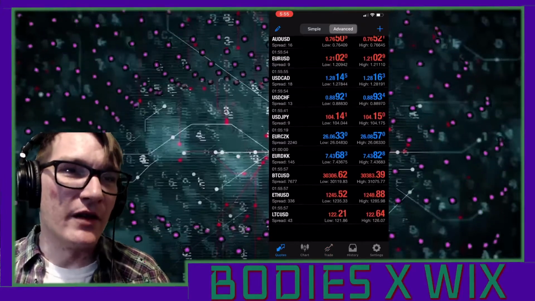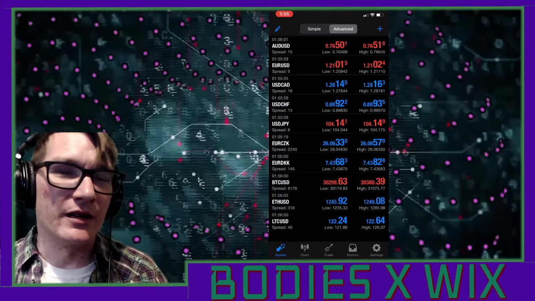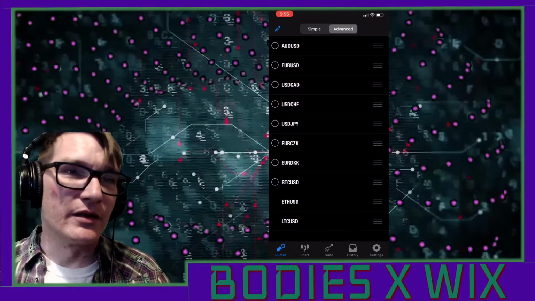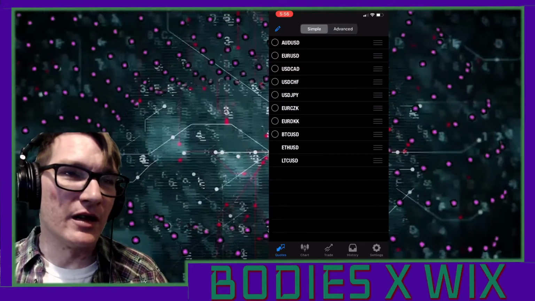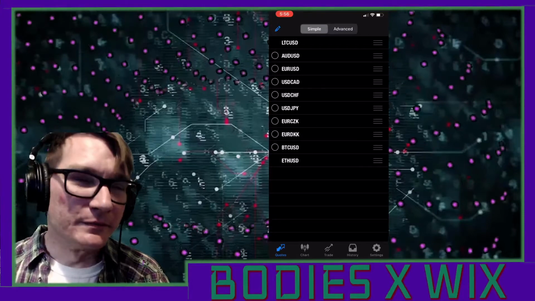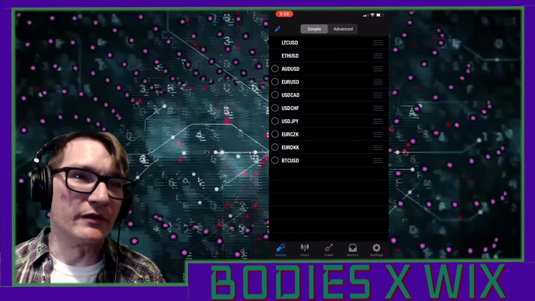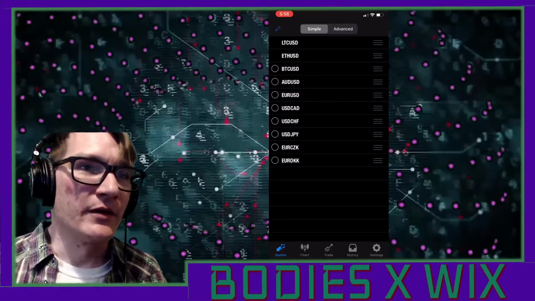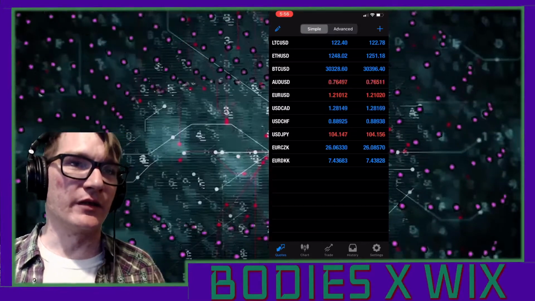So if you have a $500 account, then you should trade with a 0.05 to a 0.07. If you have a $2,000 account, then you can trade with a 0.2 to a 0.23. That's generally the rule of thumb of what you should trade with when it comes to trading like this, on TradingView.